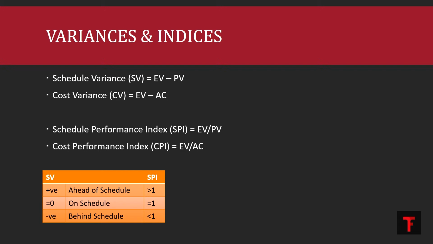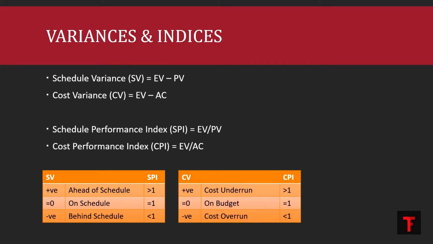Same way, in terms of cost, if cost variance is positive or cost performance index is greater than 1, then I can say that the current project budget is on a cost underrun. That is, we haven't spent as much as we expected. In case CV is 0 or CPI is 1, then I can say it is on budget.